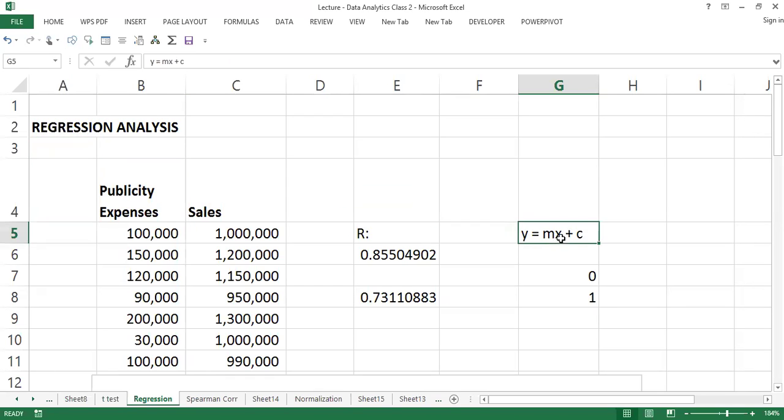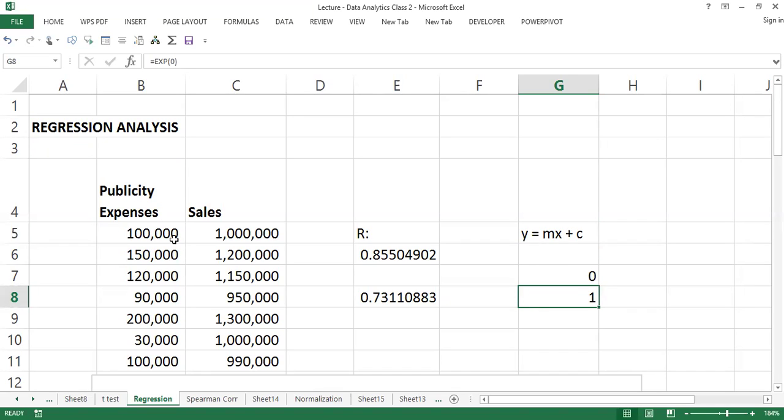the relationship between variables, like in this case, between X and Y, where a change in one variable depends on a change in another variable. Okay, so that's what happens with regression.